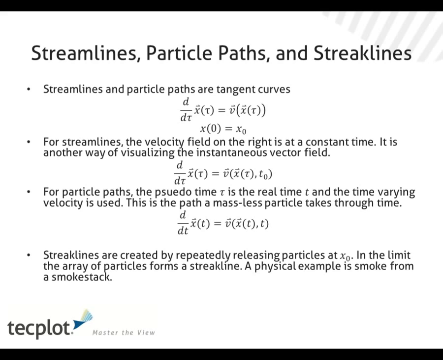For particle paths, I think have a more significant physical meaning, and that is everyone understands releasing a balloon in the atmosphere and watching it move around, and that's basically what you're doing with these integrations. So the difference between that and the streamline is that you're integrating the actual velocity that is varying through time, and so this gives you a line which represents a space-time curve.